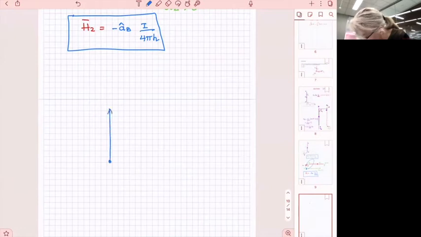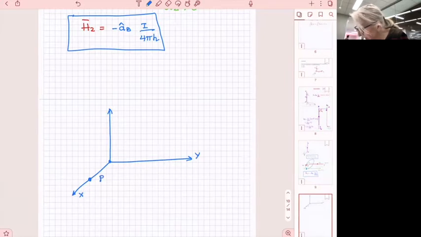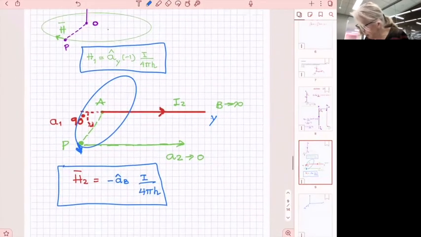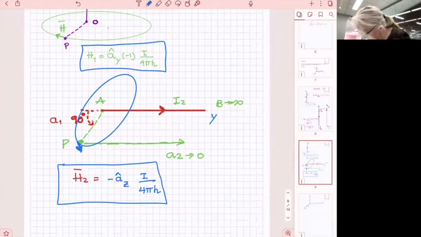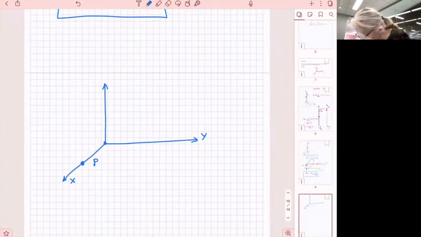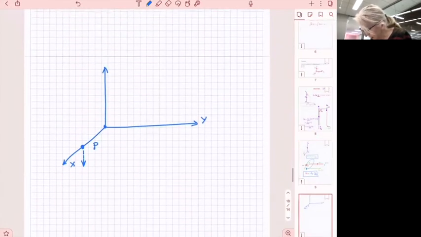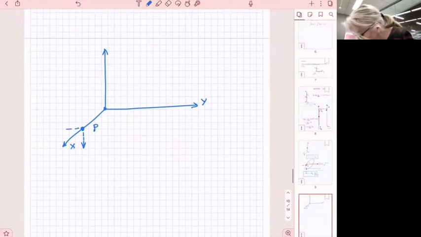Z, X, and X and Y, and we are at this point P. I said B, and what B did I put there? Z, okay. I'm sorry, I cannot even read my own writing. So one would be along the negative Z, one component. The other is going to be along the negative Y, this component.